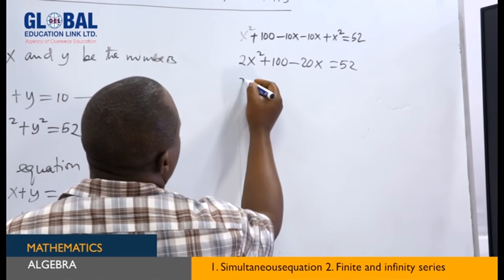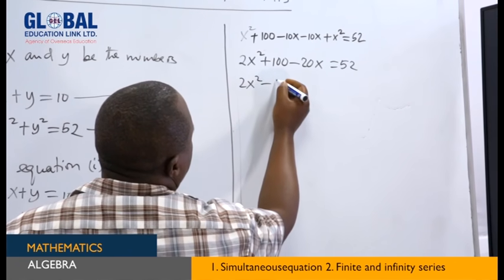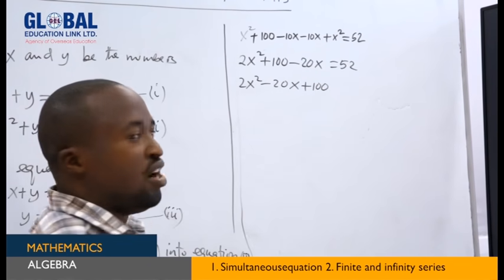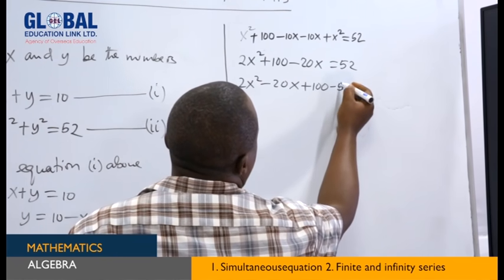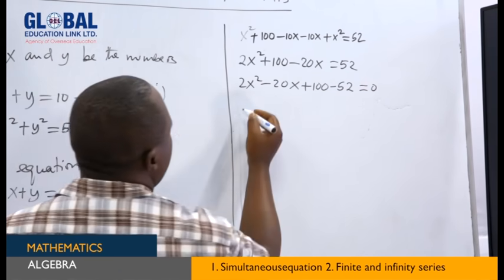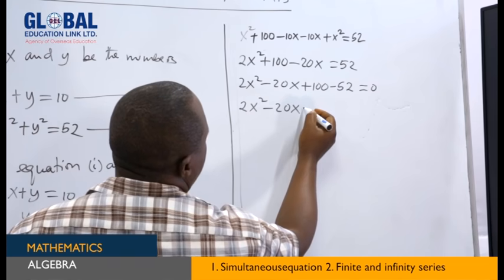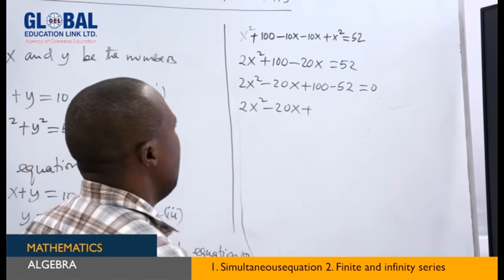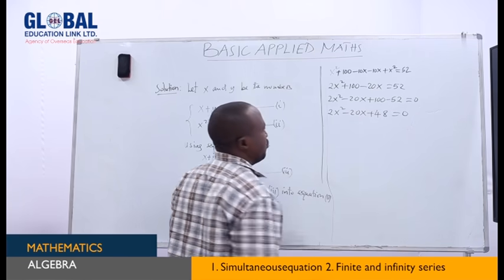So we have 2x squared minus 20x plus 100. Now we shift 52 to the left-hand side, so it becomes minus 52 is equal to 0. Now we have 2x squared minus 20x plus, here we have 100 minus 52, which is positive 48, is equal to 0.